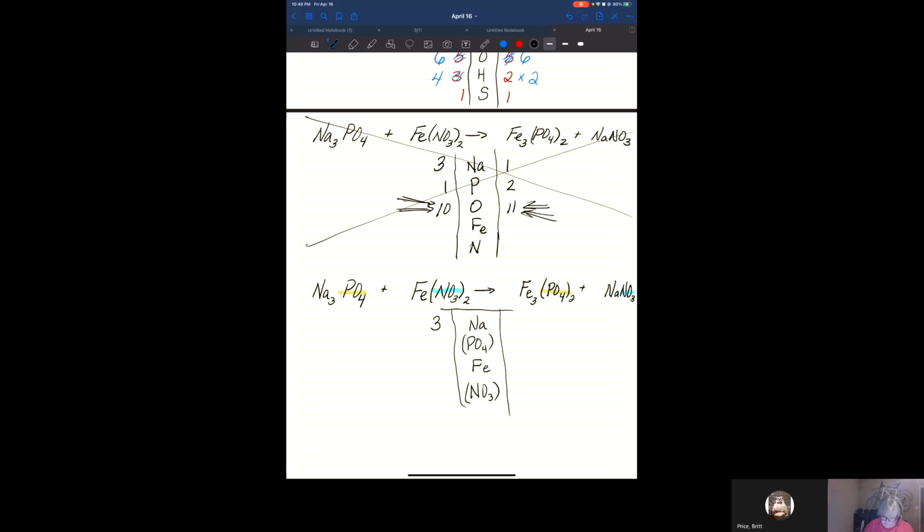There's 3 Na's, there's 1 PO4, there's 1 Fe, and there's 2 nitrates. On the product side, I have 1 sodium, I have 2 phosphates, I have 3 irons, and I have 1 nitrate. Pick one.